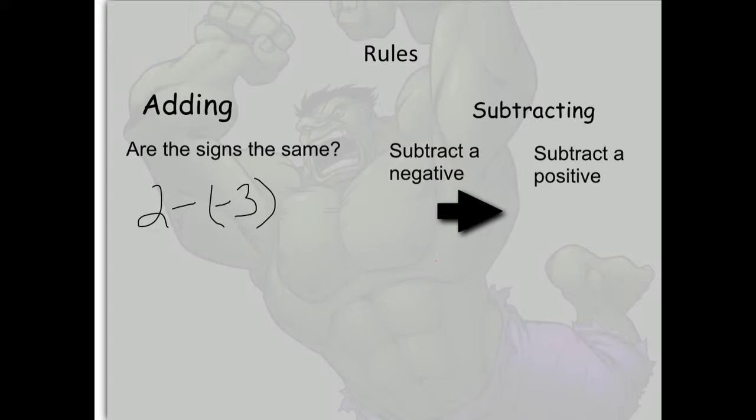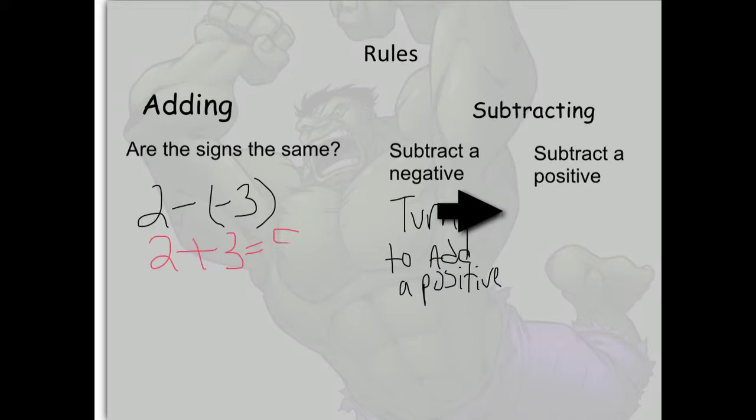When we're subtracting a negative, we turn to add a positive. So going back to this example, 2 minus -3 would become 2 plus 3, which of course just equals 5.